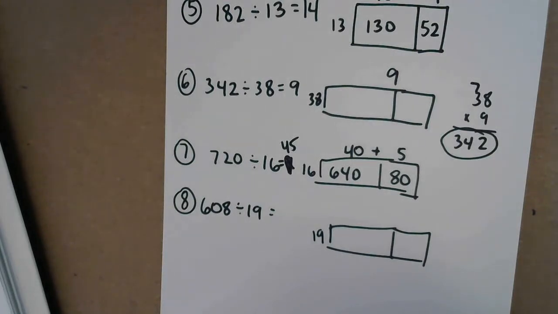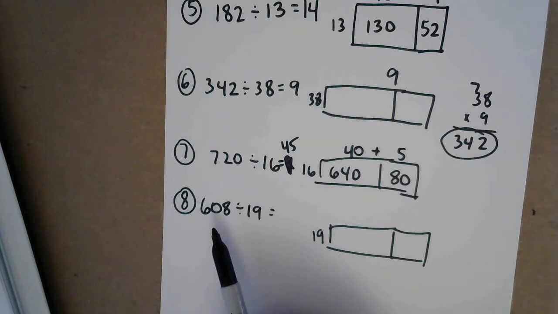Let's try 19 times 2, that'd be 38. So I can go 380. That would work. But I wonder if I can go even bigger than that. 19 times 3, gotta think about this one for a second. That's 57. So I can go 19 times 3 would be 57. If I think about that here, it'd be 570.